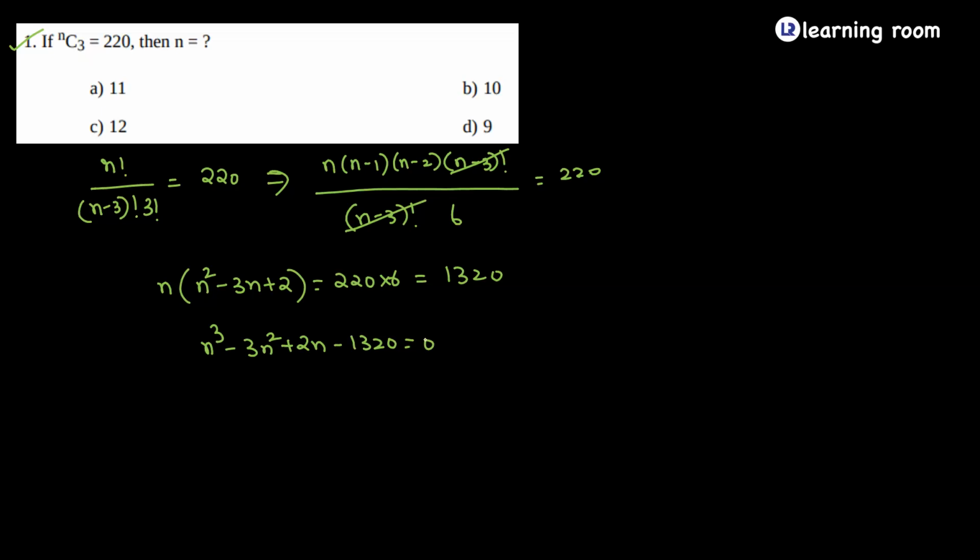So 1331 minus 363 plus 22 minus 1320. Check how much is that value coming to. It should be 12.